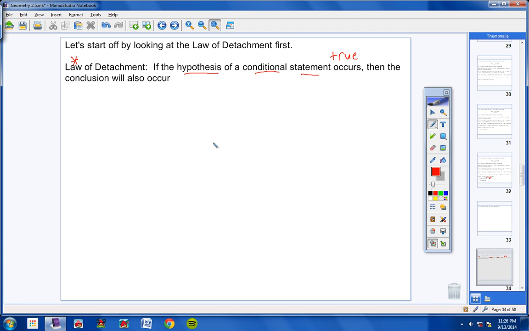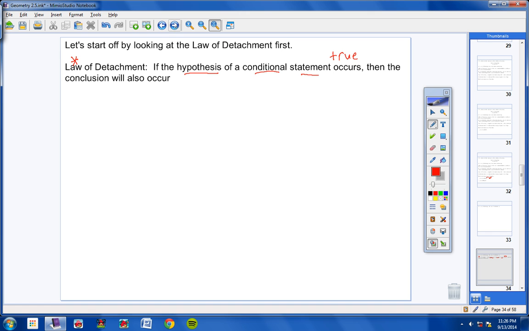If the hypothesis of a conditional statement occurs, it's true, it happens, then the conclusion will also occur. This is the law of detachment.